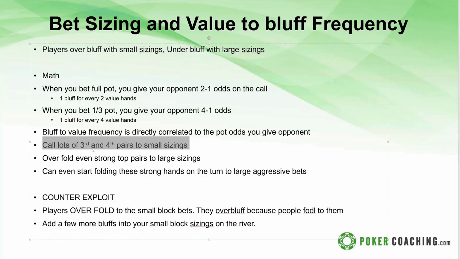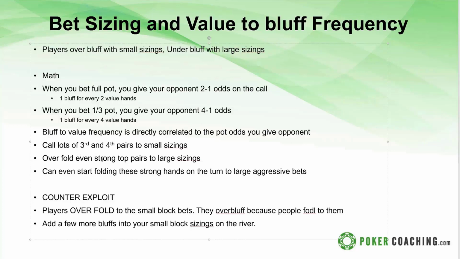So you can start overfolding even really strong top pairs to these large sizings because it doesn't take much of them under bluffing for you to be able to fold really strong hands on the river because they're not bluffing enough. In general, I fold a huge chunk of my bluff catchers to people that I don't think bluff enough.